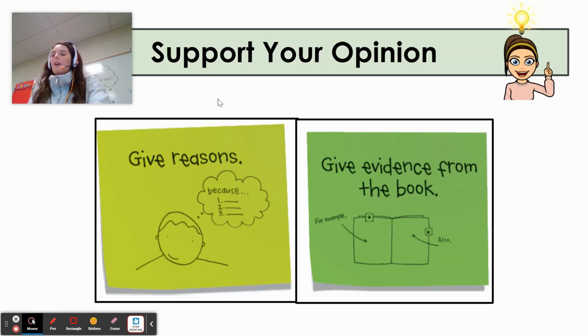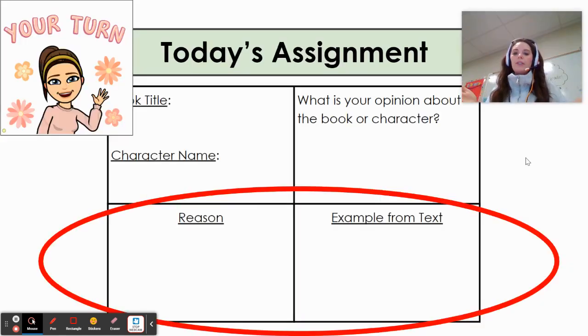Okay. Now, we are all reading different stories in different books. So I will be going through your planning sheet to get to know your characters or the book that you have an opinion on, and checking in with you sometime this week or next week on how we have developed and supported our opinions. So now it is your turn to start to fill in your last two boxes on your planning sheet.